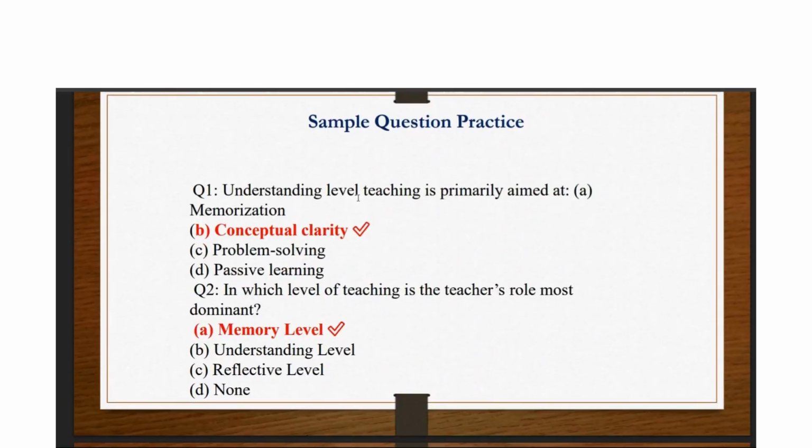Understanding level of teaching is primarily aimed at conceptual clarity. The problem solving method uses the reflective level of teaching, and passive learning is a memory level of teaching. So you have to eliminate the option, and memorization also comes under the memory level of teaching.